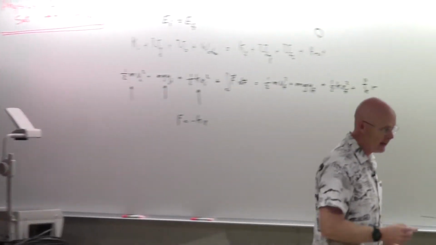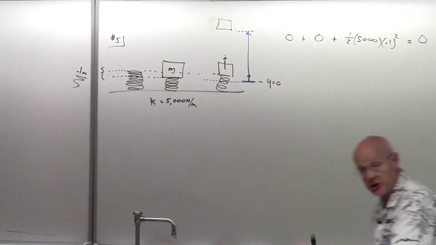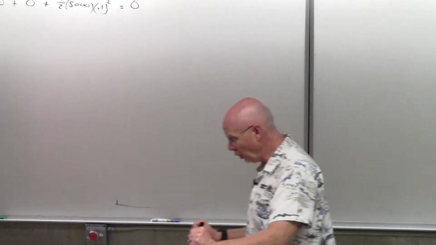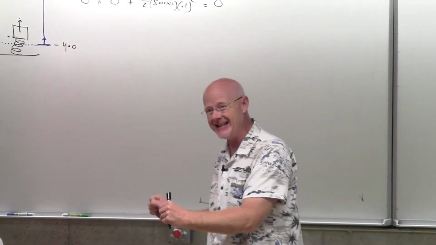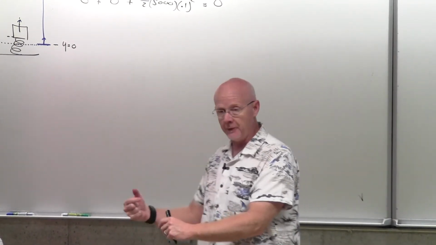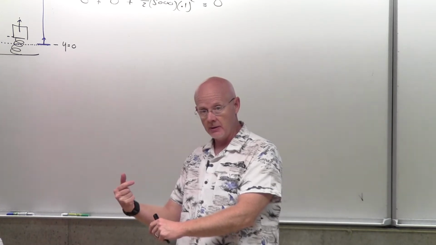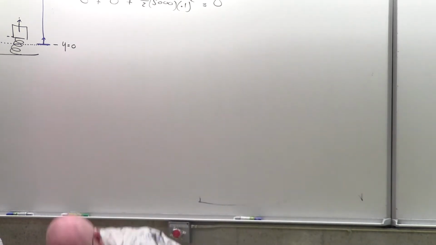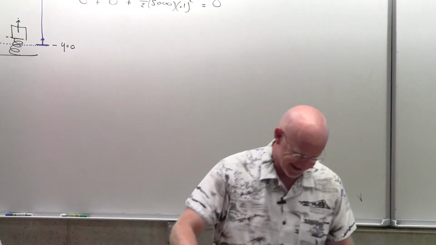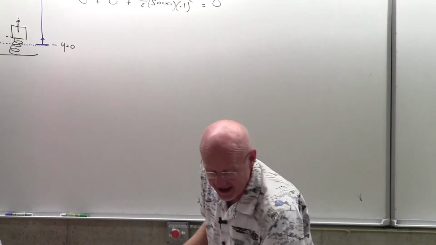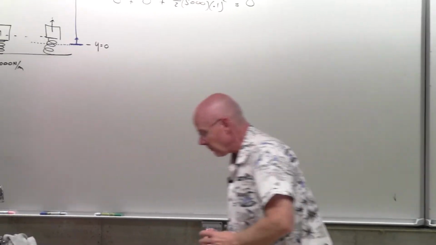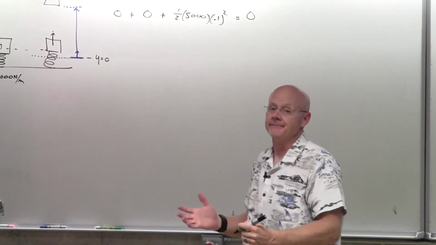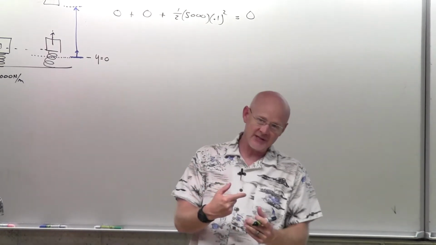I'll illustrate. If I have a giant spring out here, and I push it in, if I call that x negative, then the force comes out to be positive. On the other hand, if I push the spring in and call that positive, then I get a force that's negative.